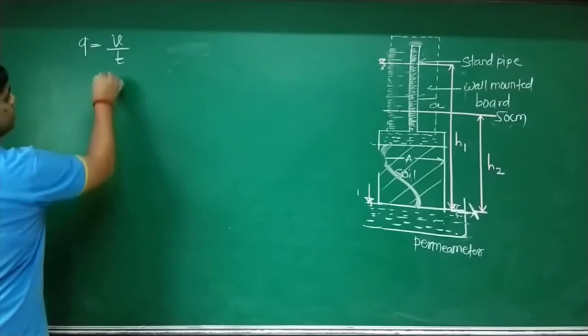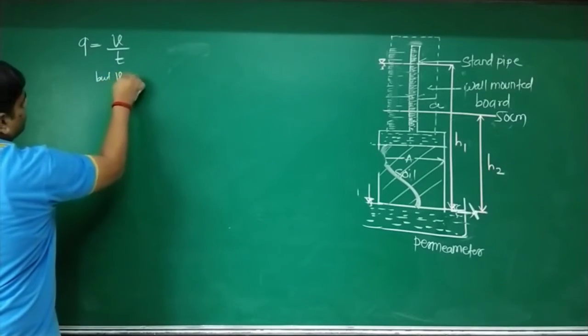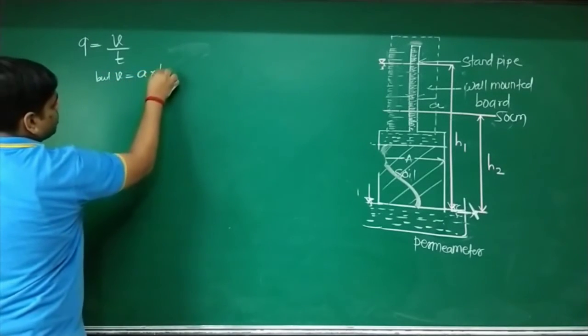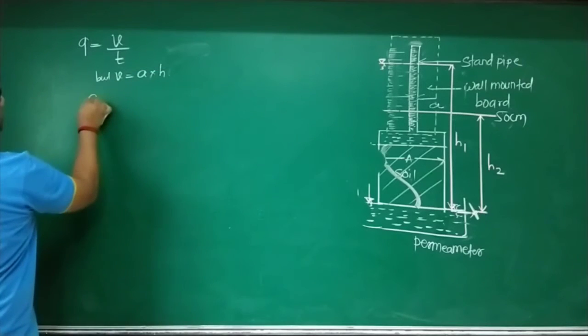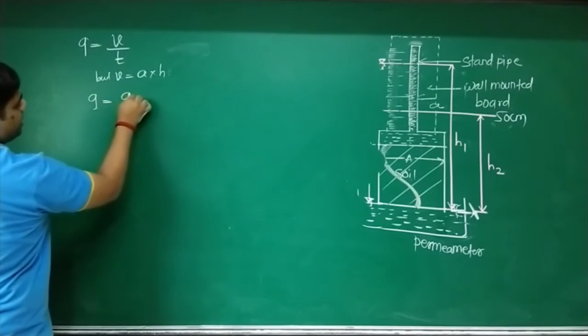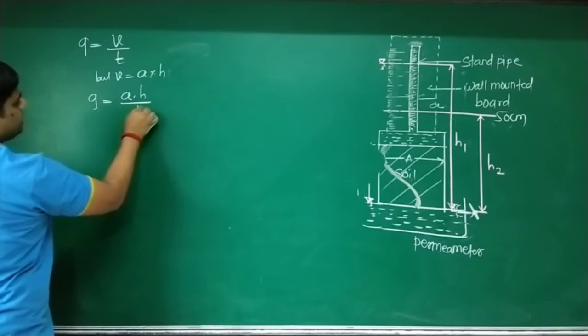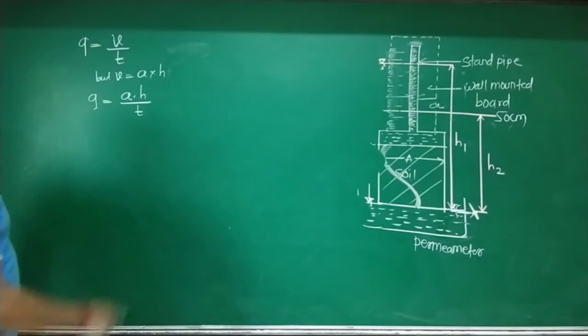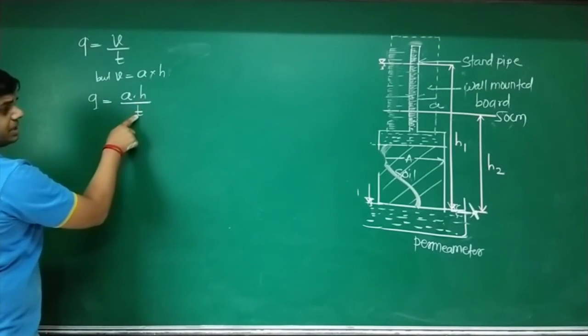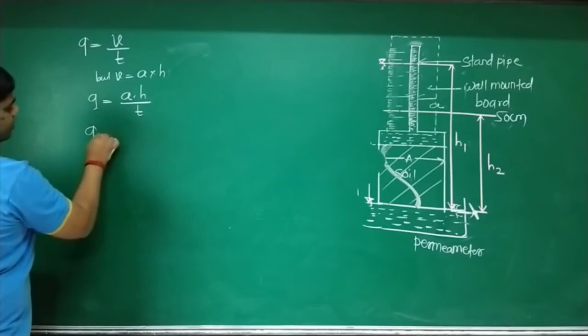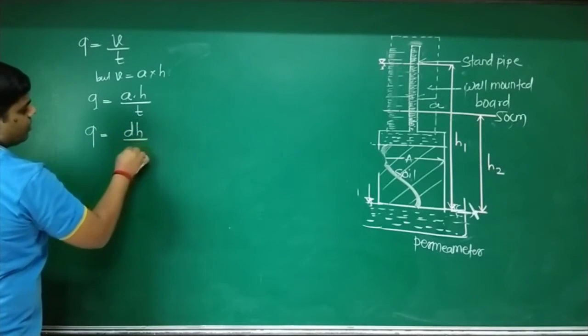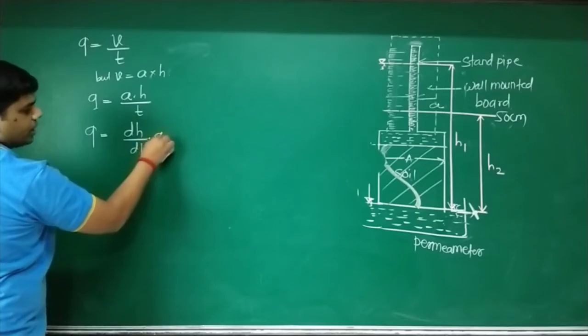What is volume? Volume is equal to area into height. Replace: discharge is equal to area into height by T. Now this head and T, I am going to write like this, Q equal to dH upon dt into A.